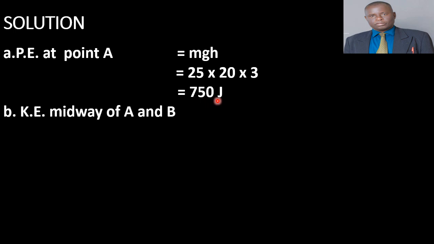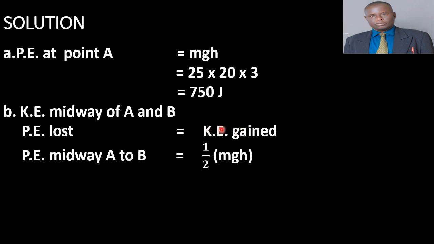That's great. Midway between A and B, it means now we are looking at half of the distance. The potential energy will change to kinetic energy. The potential energy midway between points A and B is going to be half, because now the distance has reduced to half.